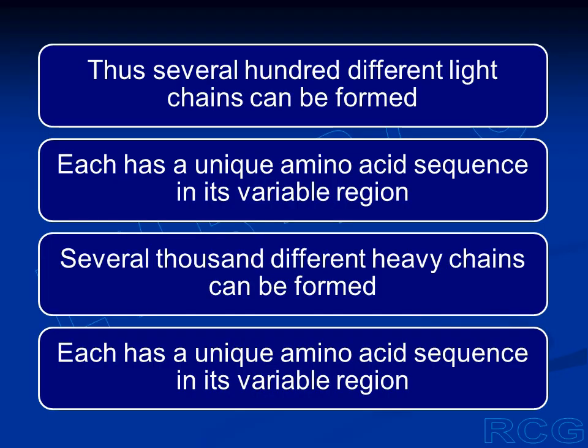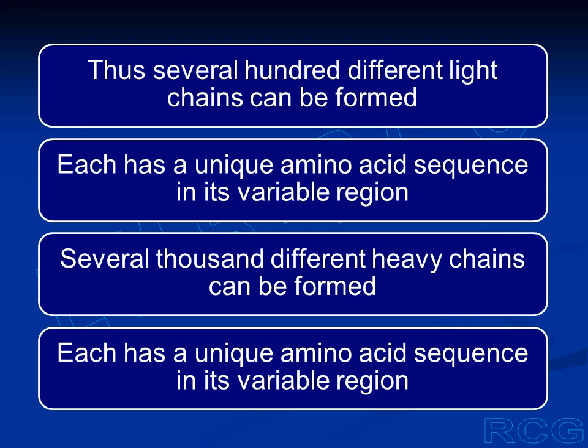In this way, hundreds of different light chain genes can be formed by rearrangement of genes, and each of these light chains will have a unique amino acid sequence in the variable region. Several thousand heavy chains can be formed which will differ in the amino acid sequence in the variable region.